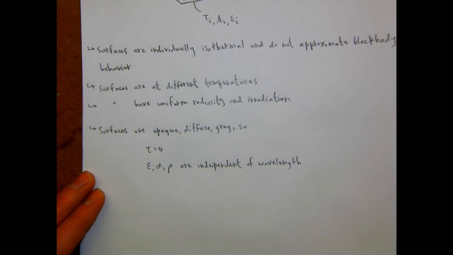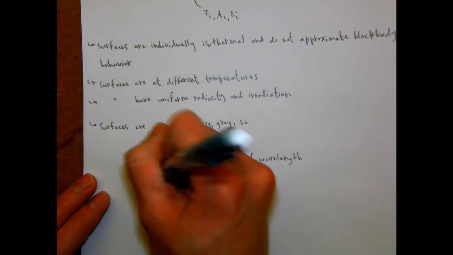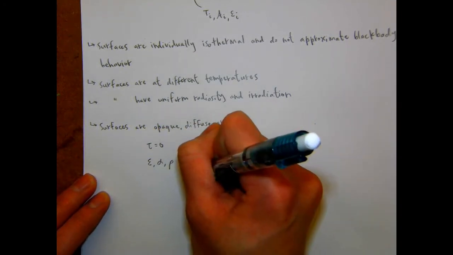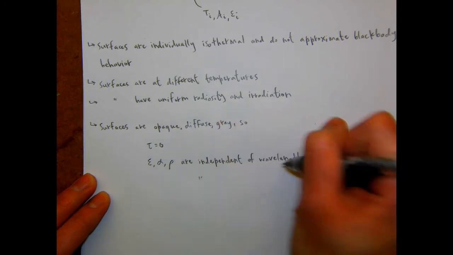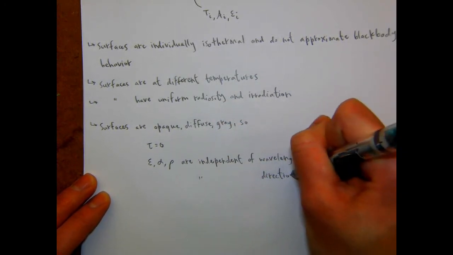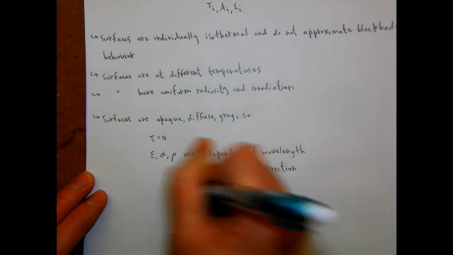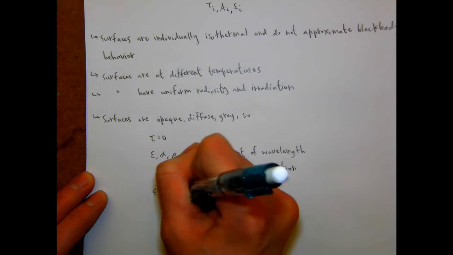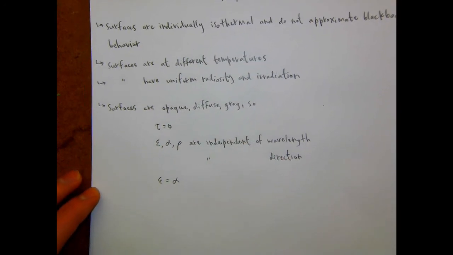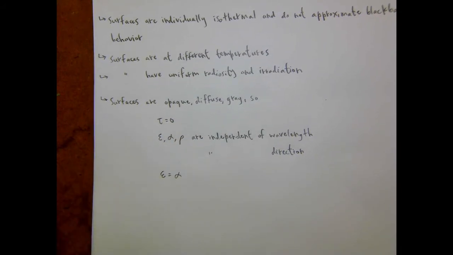The emissivity, absorptivity, and reflectivity are independent of wavelength, and independent of direction. So the total emissivity equals the total absorptivity. So those are kind of the properties that we're working with.